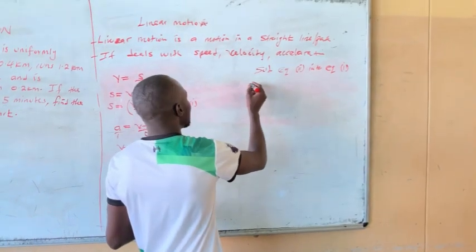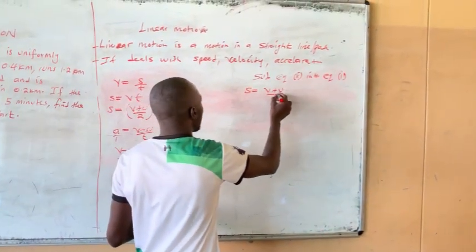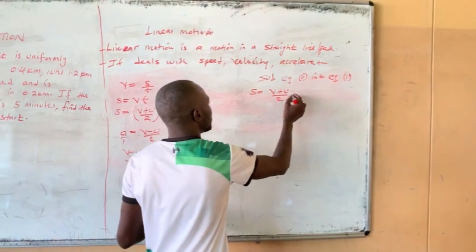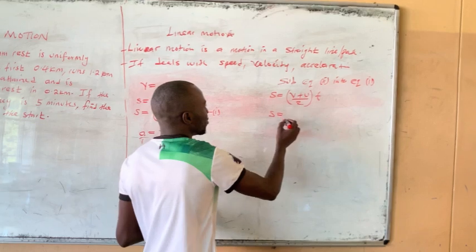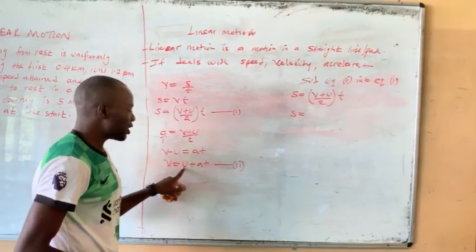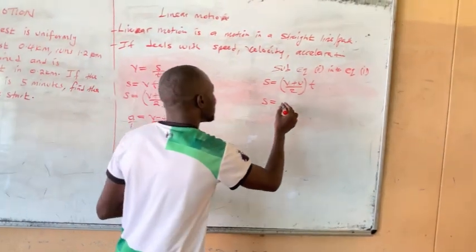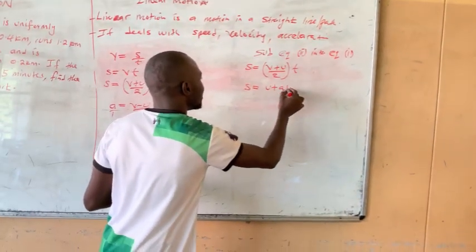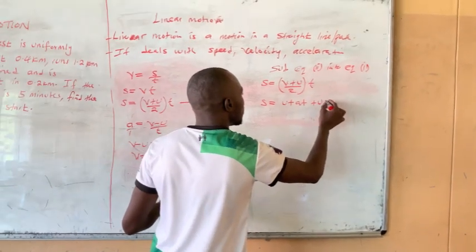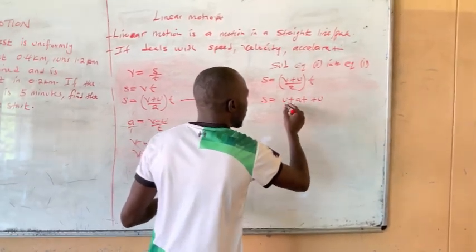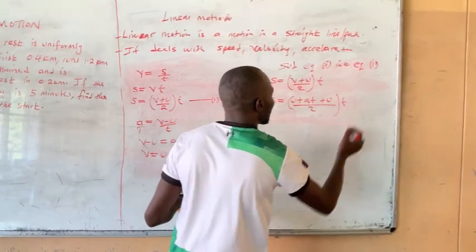Since s is equal to v plus u over 2 multiplied by t, s will be equal to, where there is v, we are putting u plus at here, plus this is u, over 2, and everything is being multiplied by t.